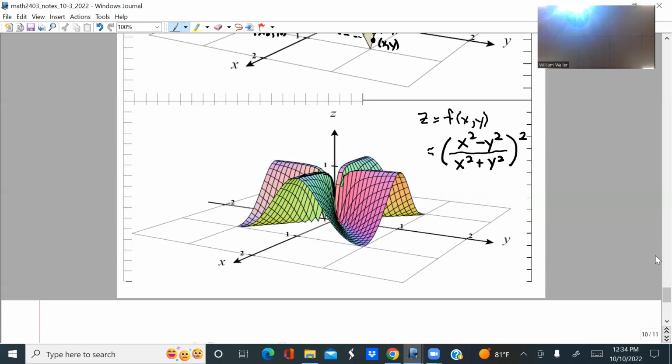And it doesn't look like the surface is shooting up to positive infinity, because I can't see any part of the surface right there. But I can't tell because it's obscured by the surface. But I think there's a chance that there may be a proper limit.